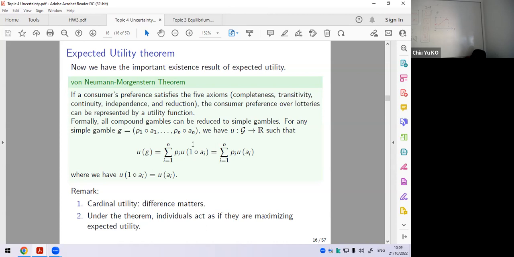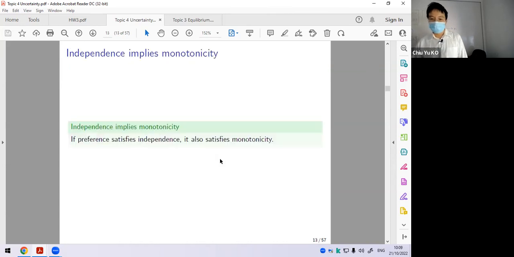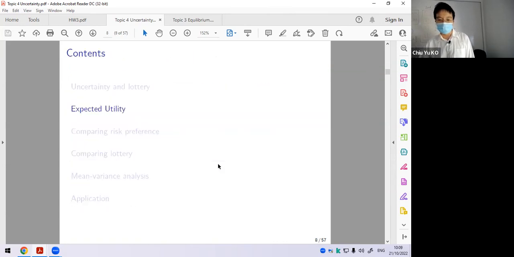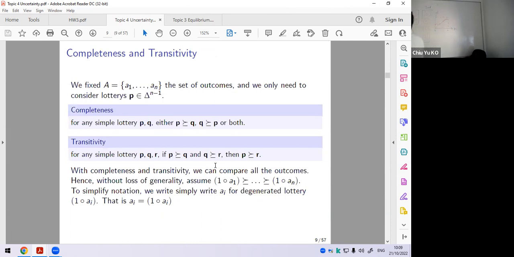So let's start. The axioms you will see are not too different from what we have learned so far. I think the first two would not be an issue. At least for completeness, usually it's not an issue. There are still papers about incompleteness, but I think completeness is usually fine. I give you two lotteries.